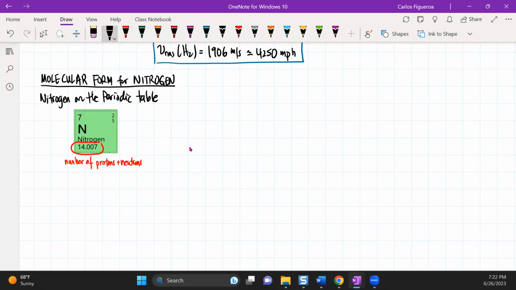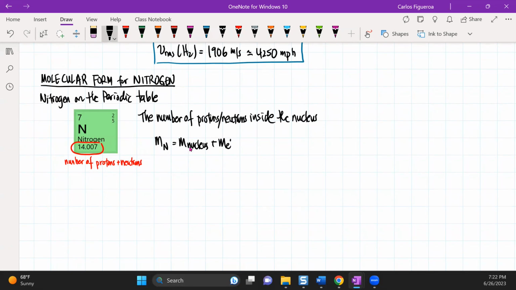So here's the mass of nitrogen. I have the mass of the nucleus plus the mass of the electrons.